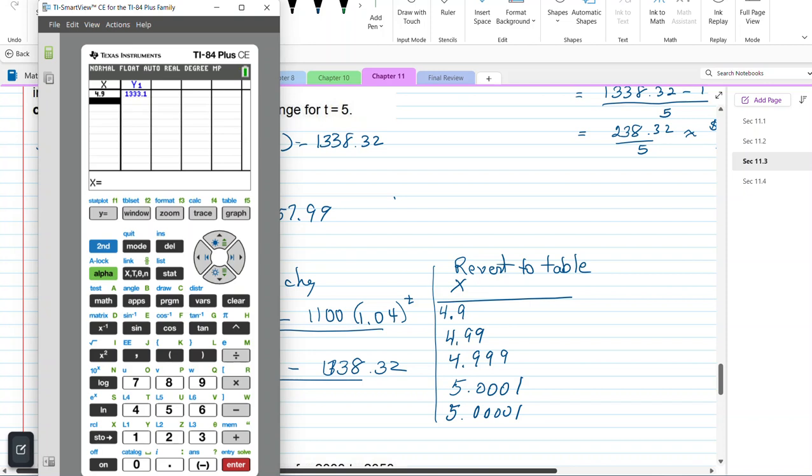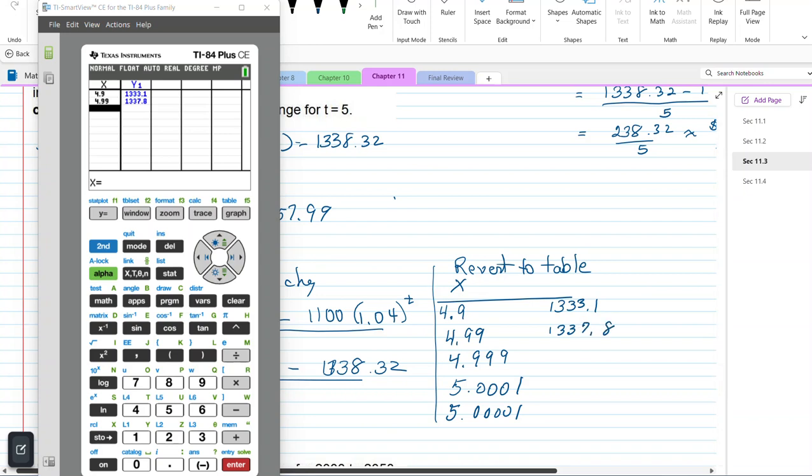4.9 gives 1333.1. 4.99, getting closer, right? 1337.8.